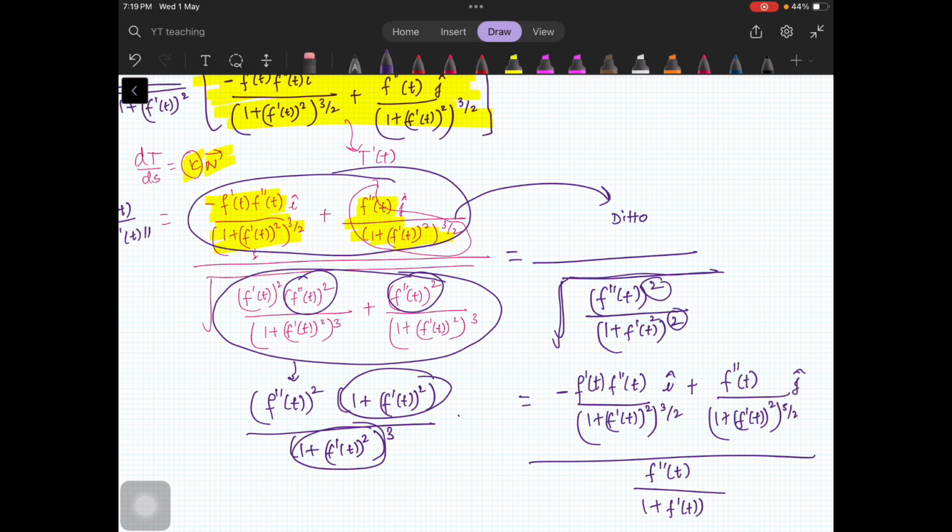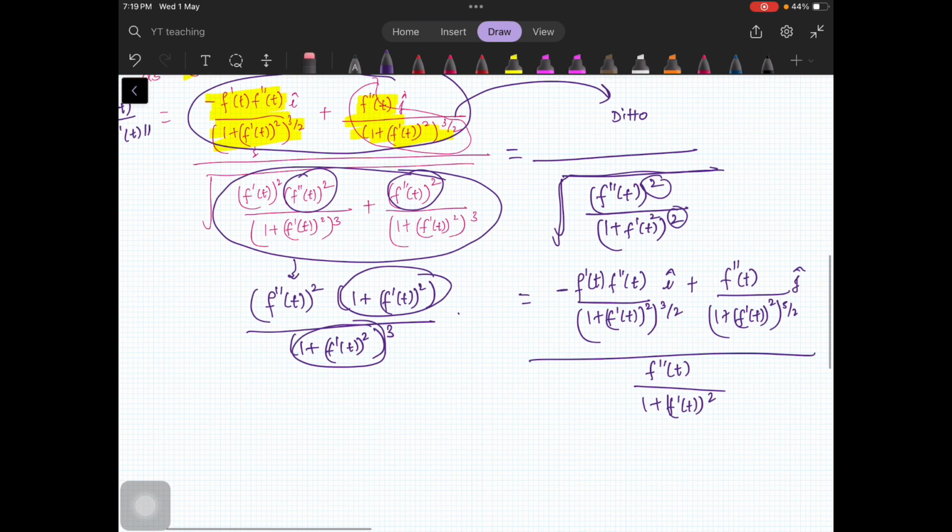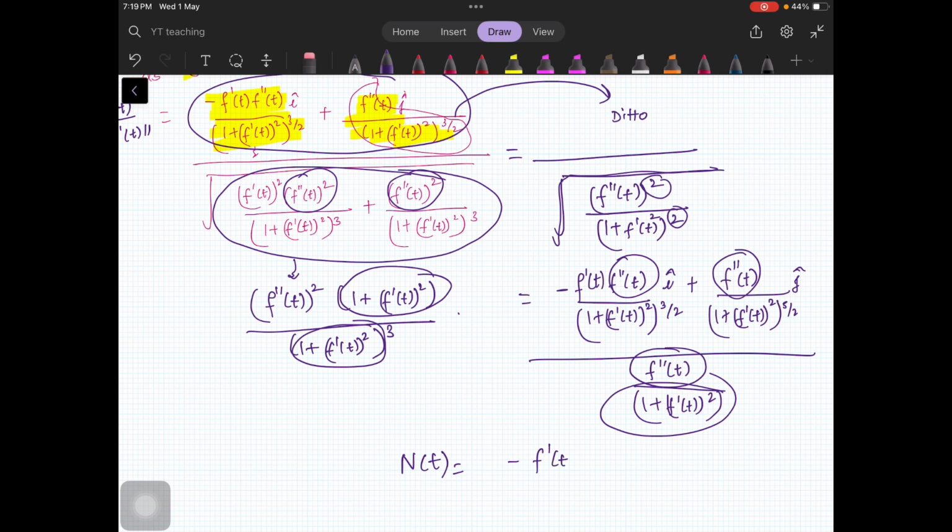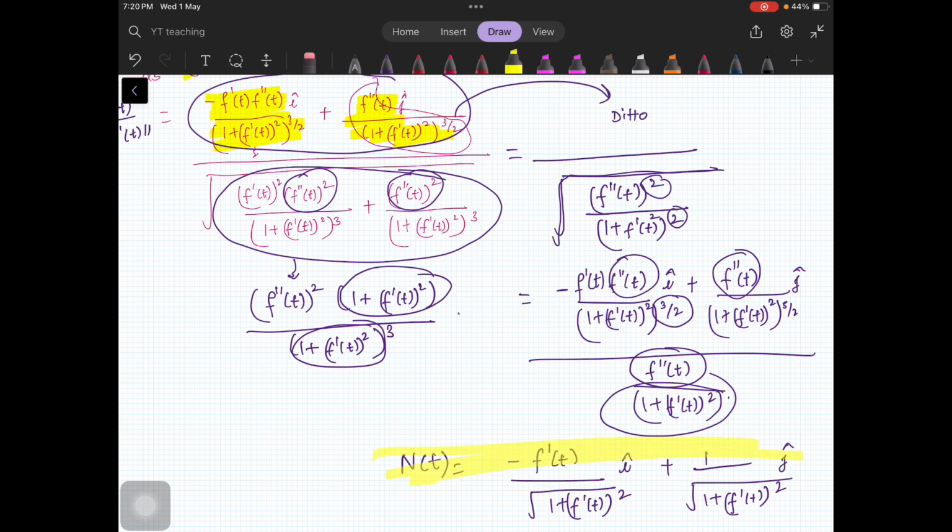It is a square inside also, right. Now, you can cancel, you see f double prime t cancels throughout, and this fellow also cancels. So, this was our unit vector, right. So, you get minus f prime t upon square root of 1 plus f prime t square, because 3 by 2 minus 1 will be square root, i cap, plus 1 upon square root of 1 plus f prime t square, j cap. So, this is my n vector, right.